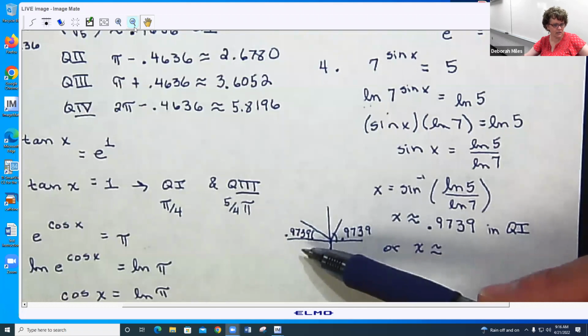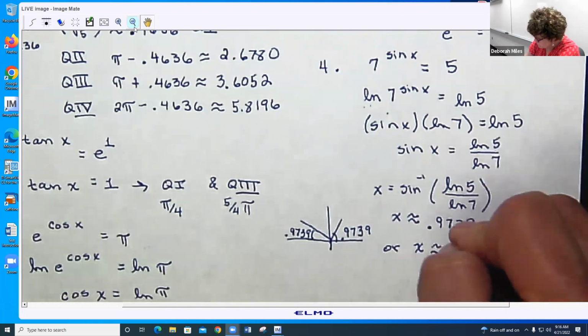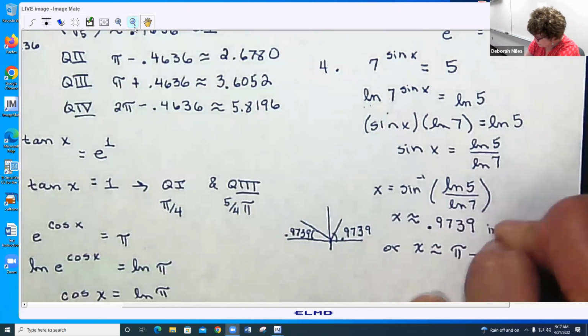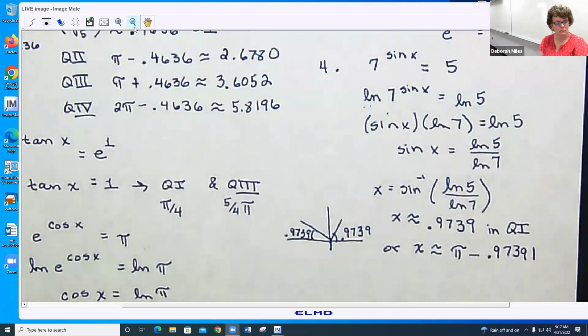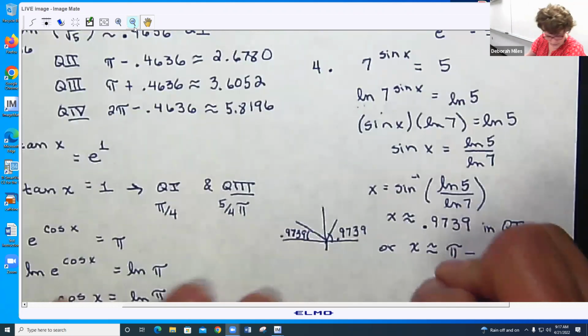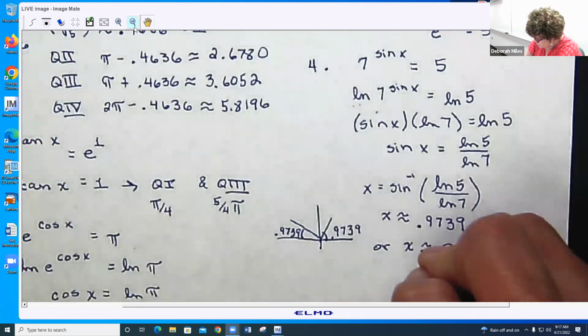How do I find that? Just subtract that from pi. And I got that to be 2.1677.